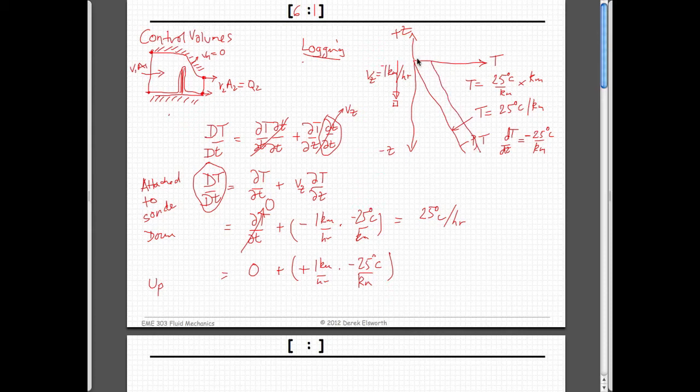a line parallel to this moves so that the temperature change dT, the change in temperature with time, is equal to 1 degree C per hour. In other words, we start out going down here, and the temperature here is equal to 0.